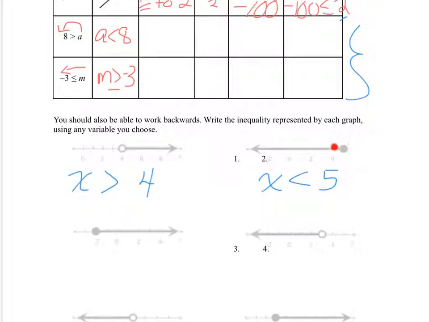And it's shaded in, which means that it has to have the equals to symbol. Okay, so you can do these last 2 on your own. You could either pause the video and fill these 2 in now, or you can go back and do them later.